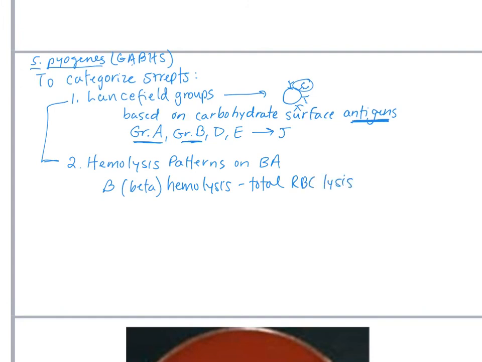So when we streak our beta hemolytic organisms out on a plate, we get kind of a yellow clearing in the media, that red media. I'll show you a picture of that in a minute. Strep pyogenes is beta hemolytic. So this is where the acronym comes in: Group A, beta hemolytic strep.